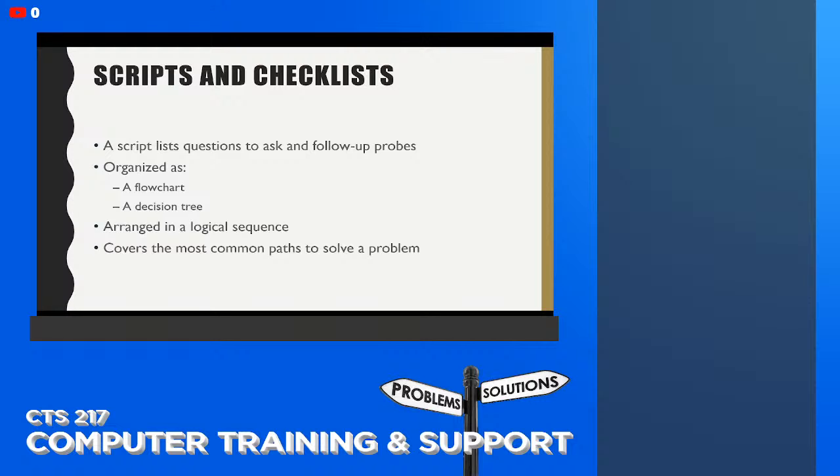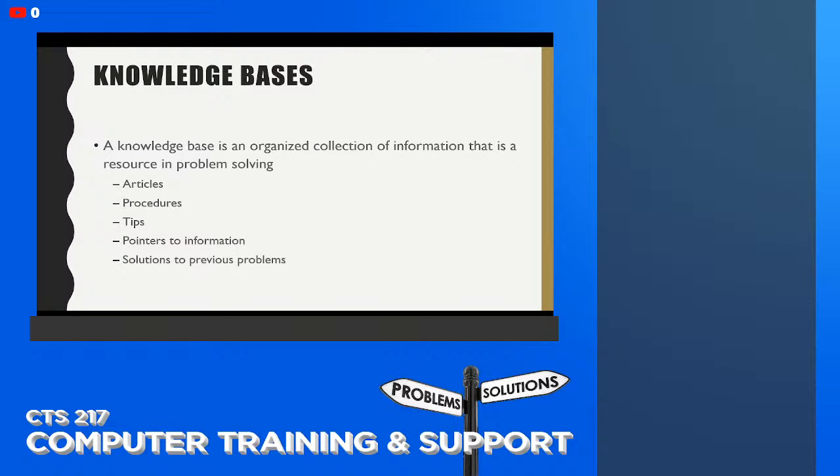So that's pretty important. Let's talk about knowledge bases and just how important it is that we take advantage of them. As I mentioned earlier, our personal experience and the personal experience of our colleagues does not encompass all of the world's information. So it's important to have a knowledge base, a collection of organized information that we can use as a resource in problem solving.